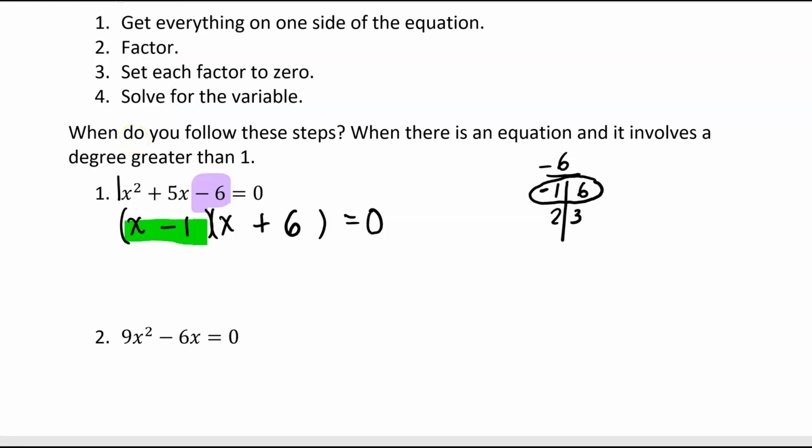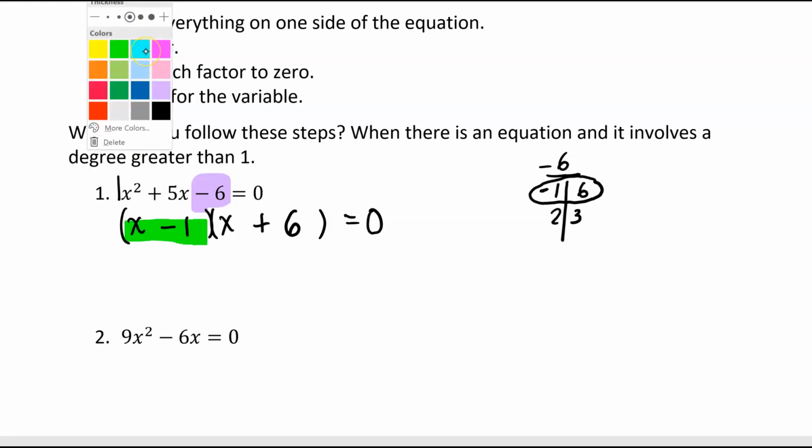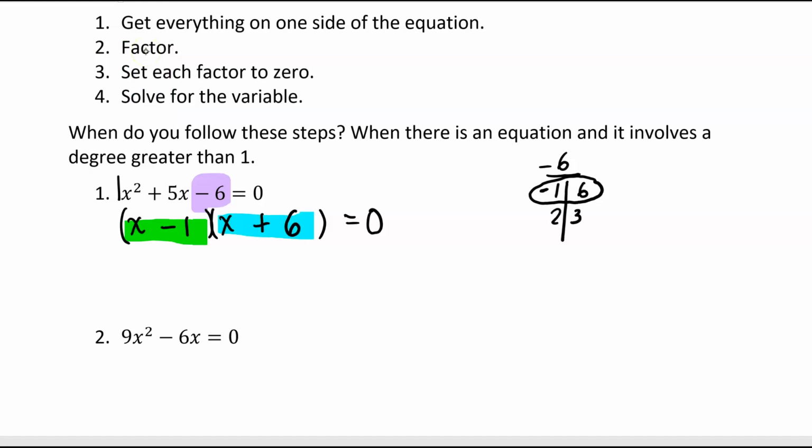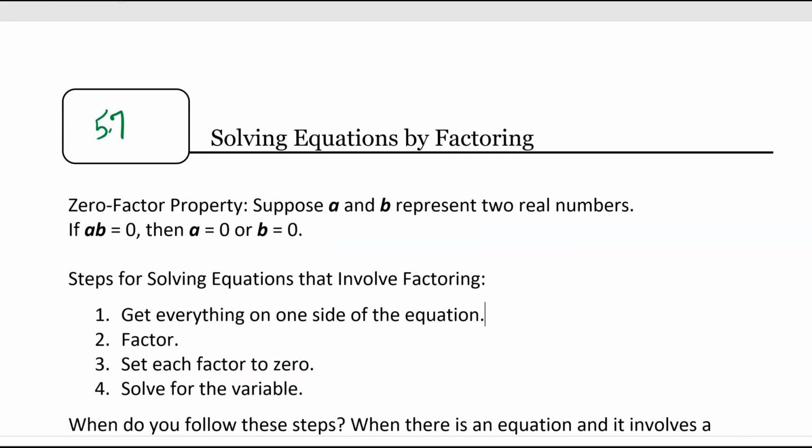And the other factor is x plus 6. So all we're doing is setting both of those factors to 0. And that goes back to our zero property rule that states that if AB equals 0, then A equals 0 or B equals 0.